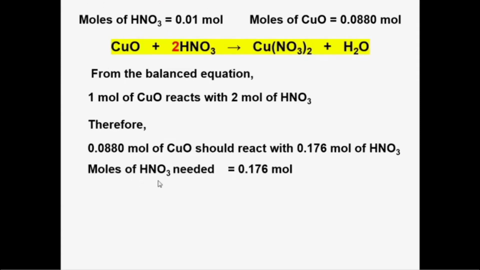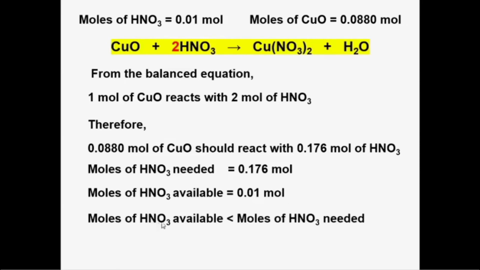The moles of nitric acid needed to react with 0.088 moles of copper oxide is 0.176 mole, but the moles of nitric acid available is just 0.01 mole. Comparing these two, the moles of nitric acid available is less than the moles of nitric acid needed.